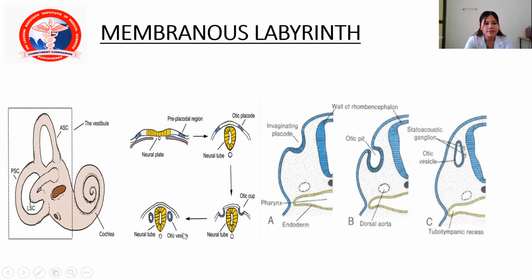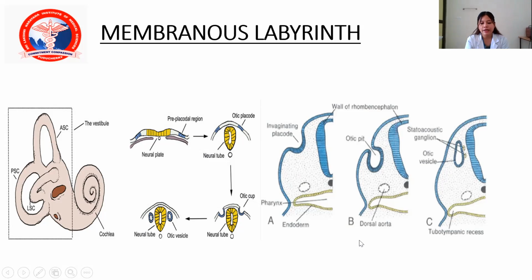Here also you can see the otic vesicle, which has been detached from the surface ectoderm. Just to remember, see the surrounding structure. The otic vesicle is surrounded by the mesenchyme.